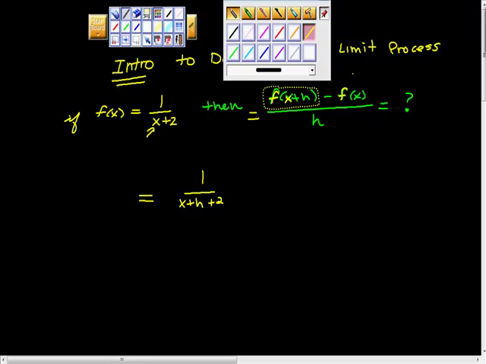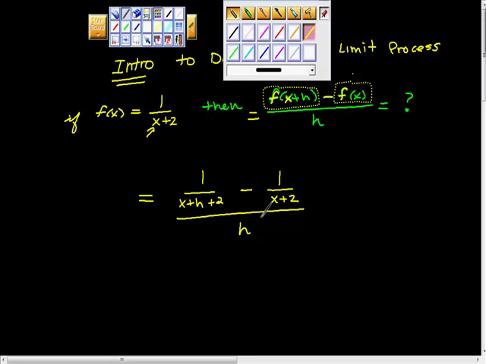And then this negative sign is this one. And then this f of x right here is this f of x, so minus 1 over x plus 2, all over h.